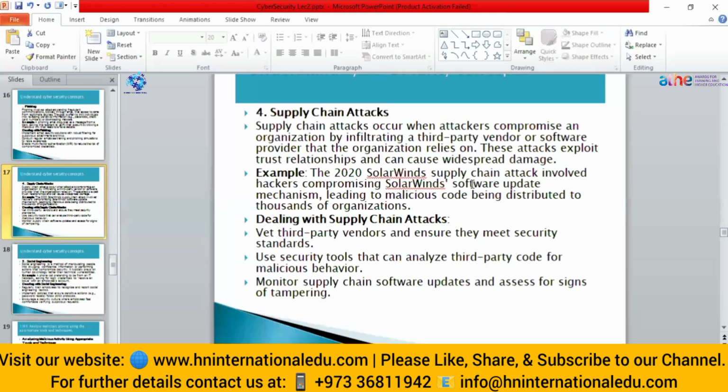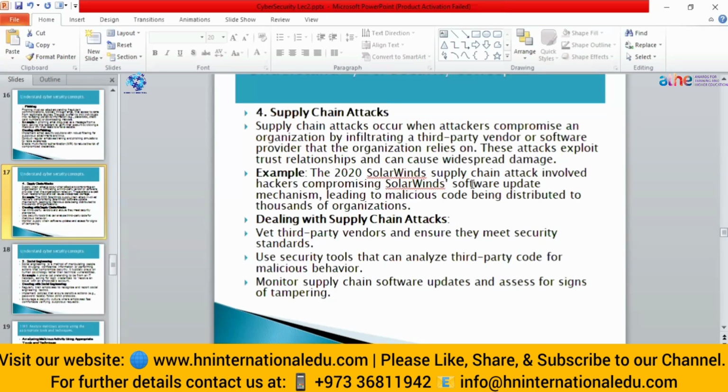Now the question is, if we face such situations, how are we going to deal with them? Before working with a third party vendor, you have to ensure that they meet the security standards, meaning the security standards set by the vendor are good.